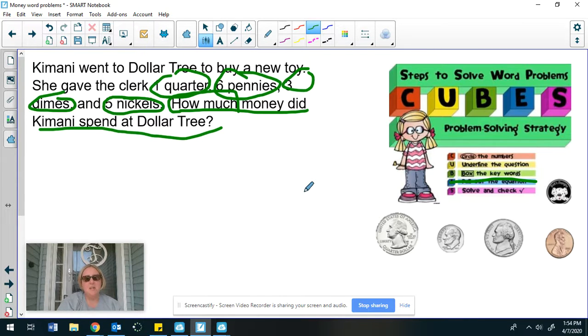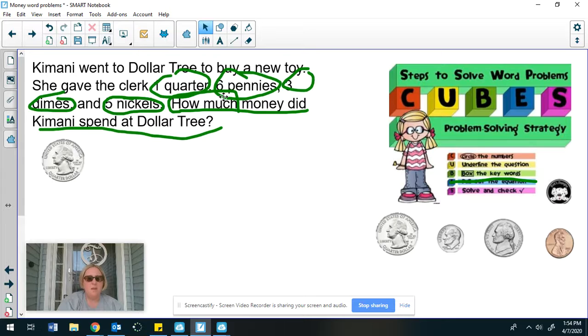What I'm going to do is use my coins and my hairy money strategy to help me solve this problem. So I'm going to start with the quarters because the quarters are worth the most. She had 1 quarter. Pennies aren't worth very much, so I'm going to find my dimes. Dimes are the next highest value, and it says she had 3 dimes, so I'm going to go ahead and drag over 3 dimes.